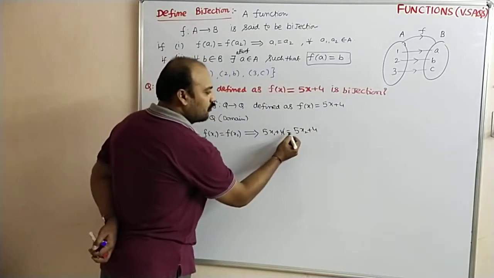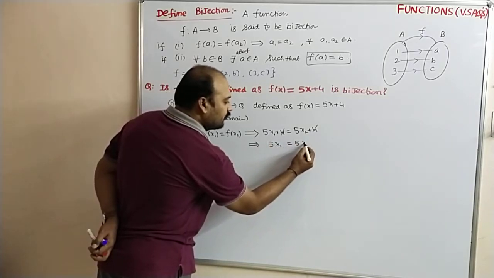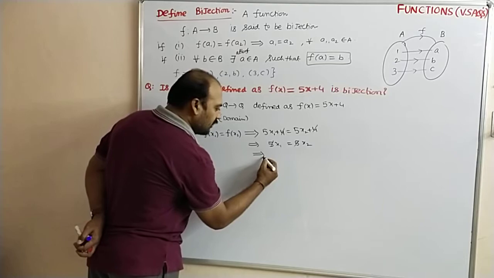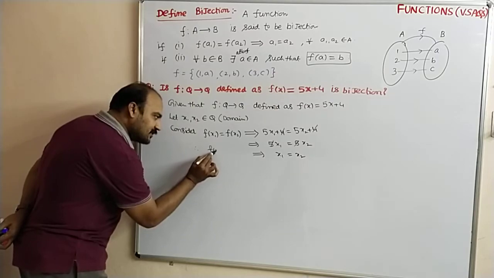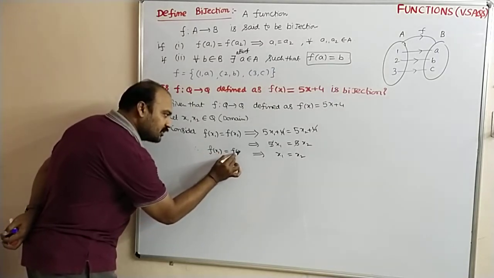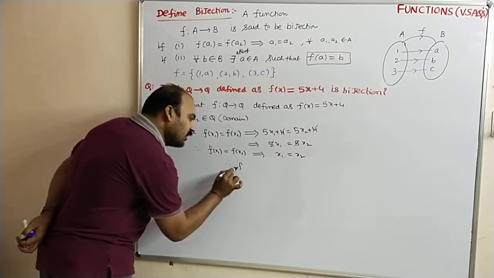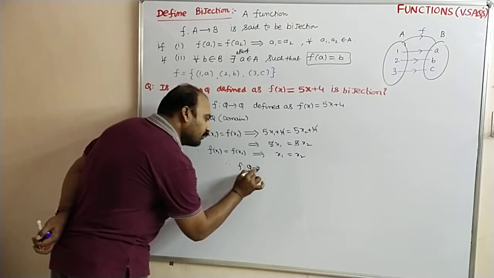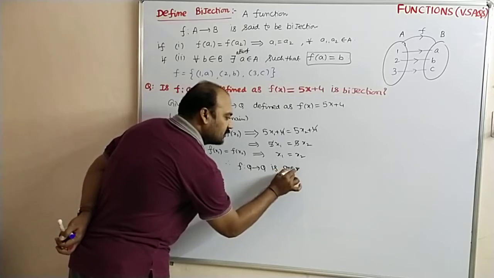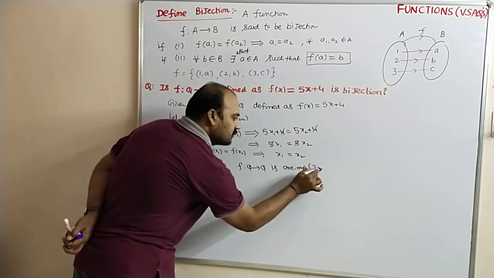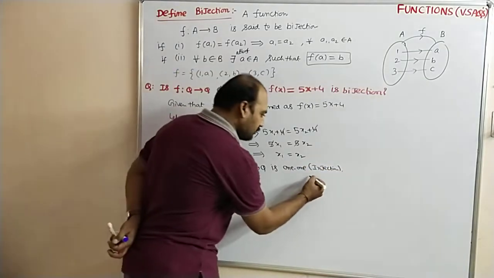On both sides 4 gets cancelled: 5x1 equal to 5x2. Both sides 5 gets cancelled. That implies x1 equal to x2. Therefore, f of x1 equal to f of x2 implies x1 equal to x2. Therefore, f from Q to Q is one-one, or injection. So this is equation number 1.